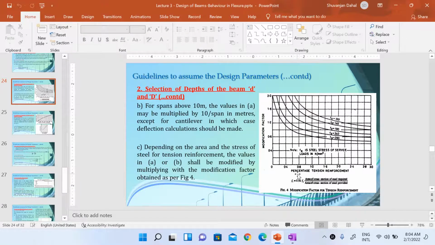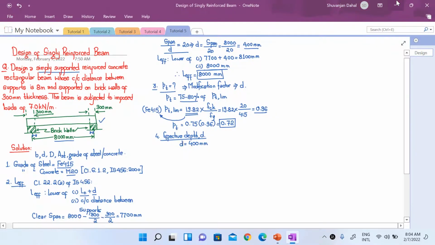So let us first determine this Fs here. Fs is given by the formula 0.58 Fy into area of cross section of steel required over area of cross section of steel provided.